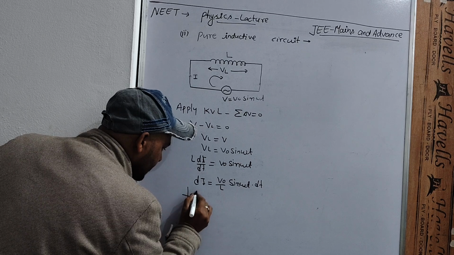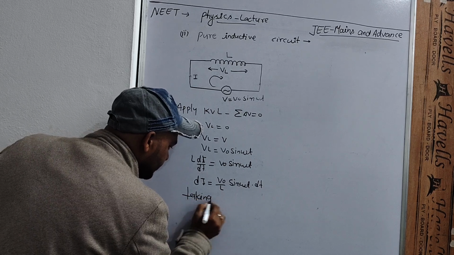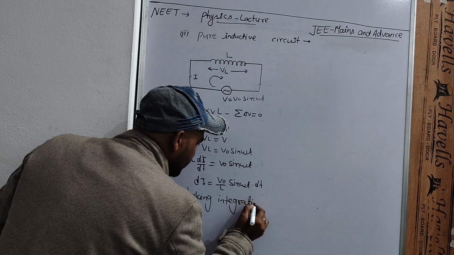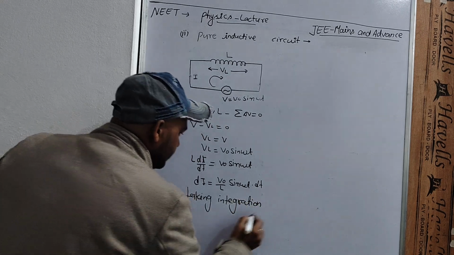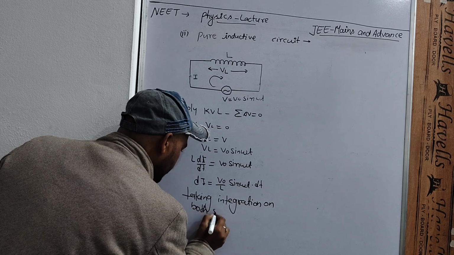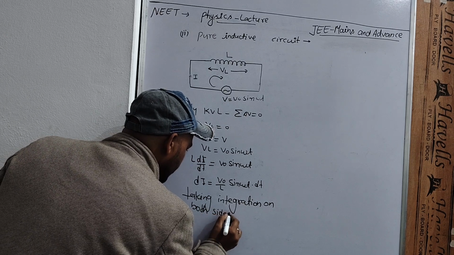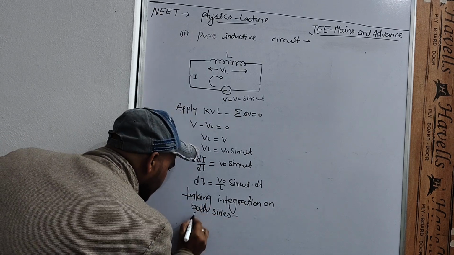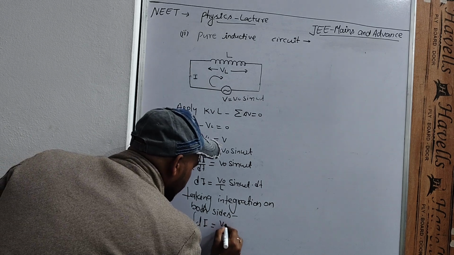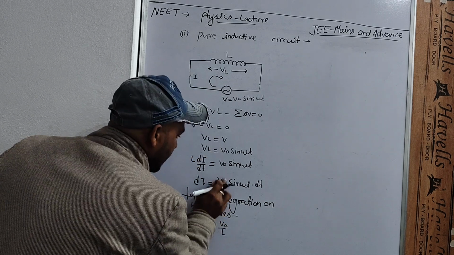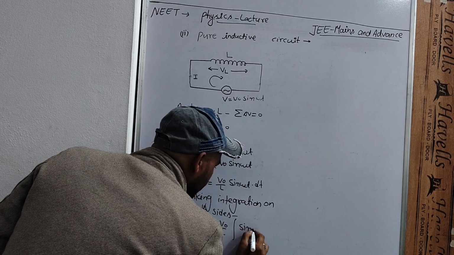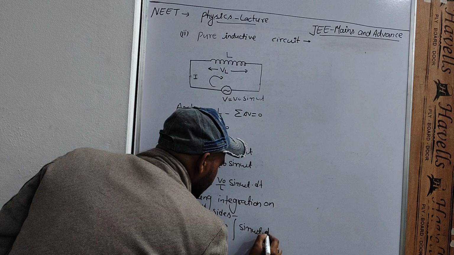Now taking integration on both sides, integration of di equals V naught over L, which is constant, integration of sin omega t into dt.